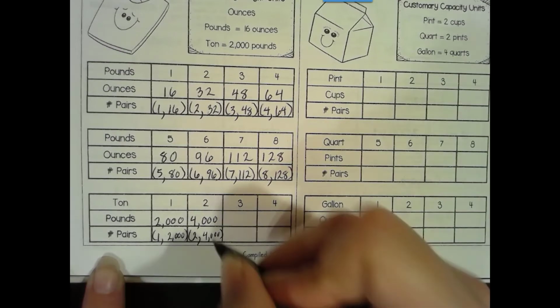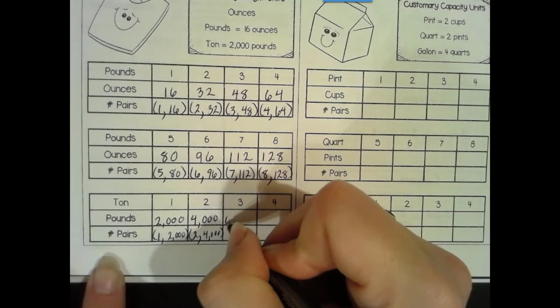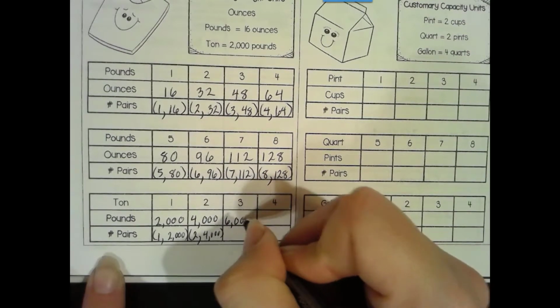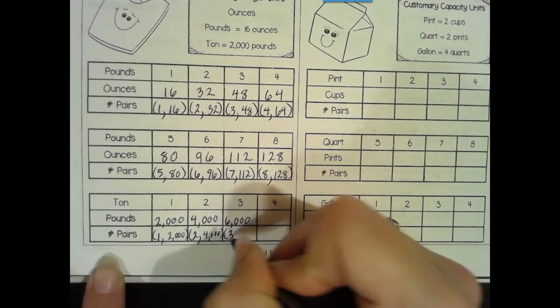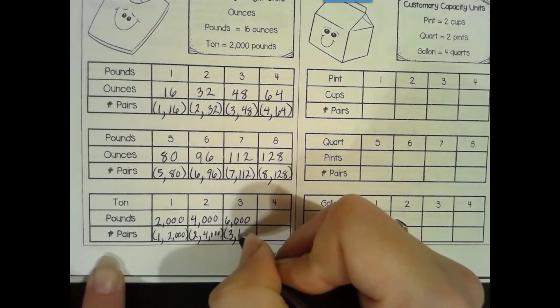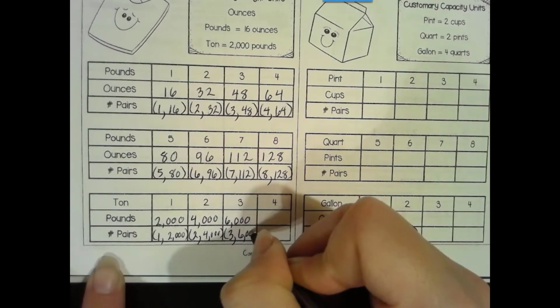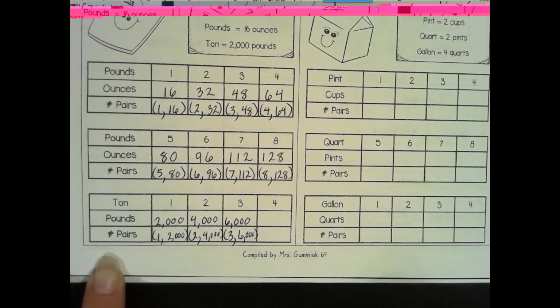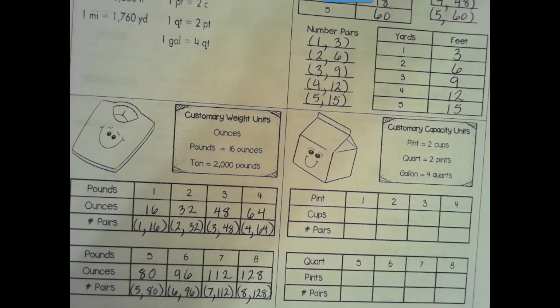Three groups, you get 6,000. So every 3 tons, there's 6,000 pounds. 4 groups of 2,000 is 8,000. So for every 4 tons, there's 8,000 pounds.